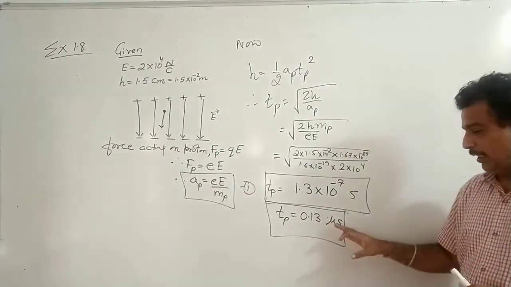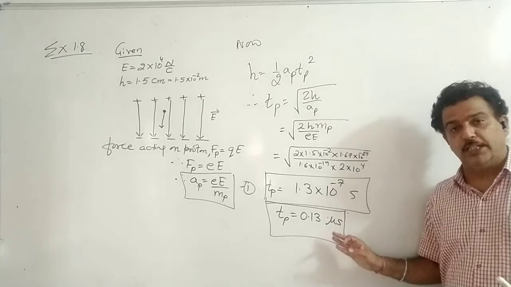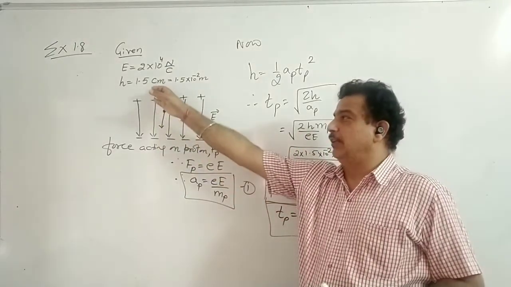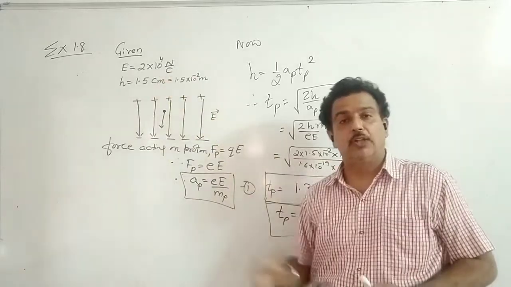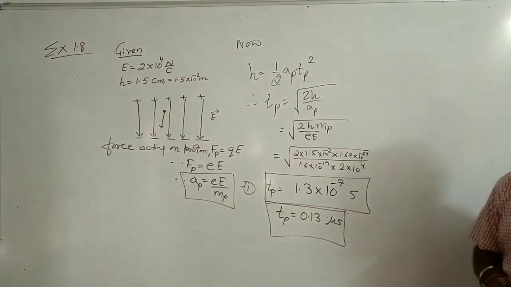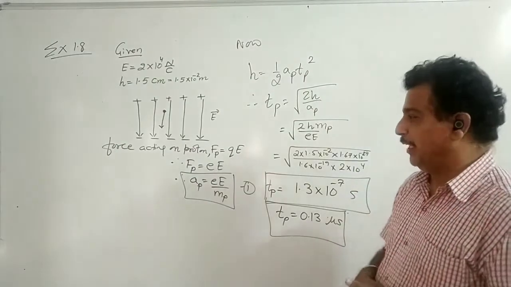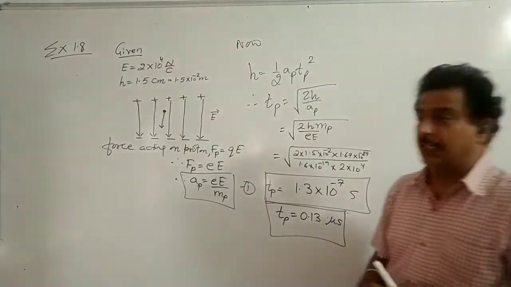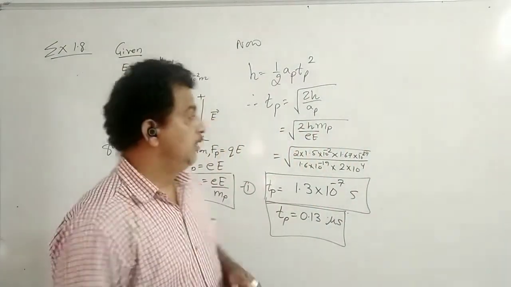The proton takes about a microsecond to reach the bottom when it falls from a height of 1.5 centimeter, and the electron will take only a nanosecond because the electron is lighter as compared to the proton. Now, in this we have neglected the effect of gravity.